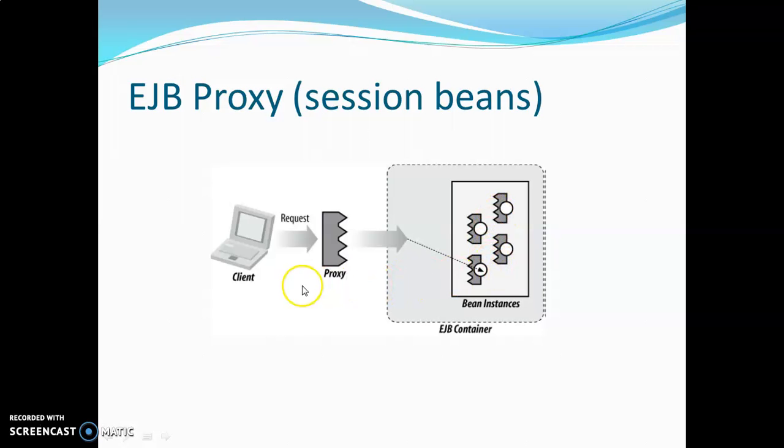Whenever a client is trying to make use of the EJB container's bean instances, the client cannot directly have access to the EJB container, but rather we need to make use of the proxy, which acts as a mediator between the client and the EJB container. Only when certain conditions are satisfied is the client allowed to have access to the EJB container by making use of this proxy.